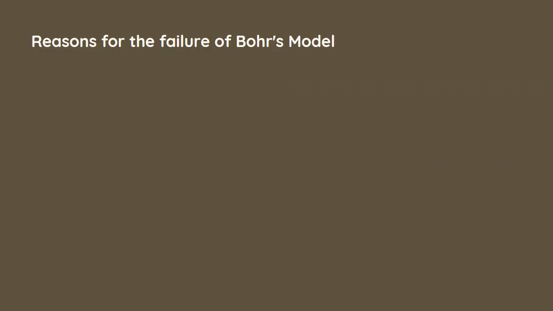But according to Heisenberg's uncertainty principle, we cannot figure out the exact position as well as the momentum. And if we can't figure out these two values, we cannot talk about the exact position or the exact path of the electron. We can only predict its presence. So Bohr's model ignores the dual behavior of matter as well as contradicts Heisenberg's uncertainty principle.